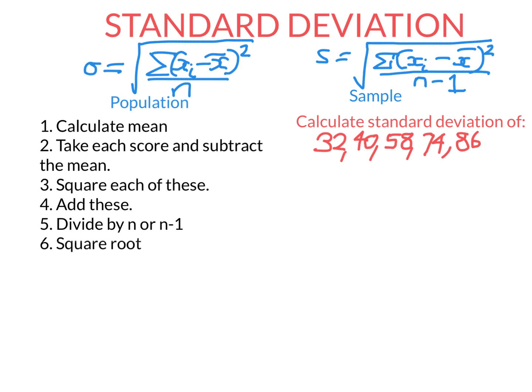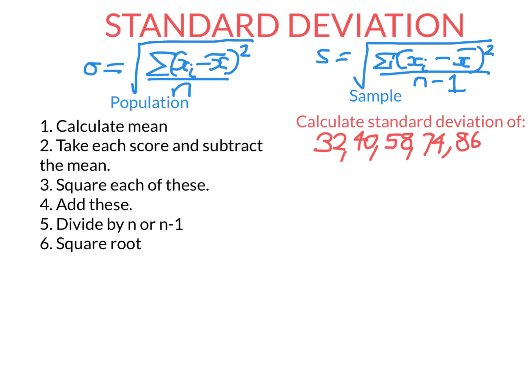For example, let's say I wanted to know the standard deviation of the heights of year 10 students at Lynham. I'd be talking about the population if I included everyone in year 10 at Lynham in my calculations, and a sample if I only included some year 10s. So if I include everyone, I divide by n. If I include only some people, I divide by n minus 1.